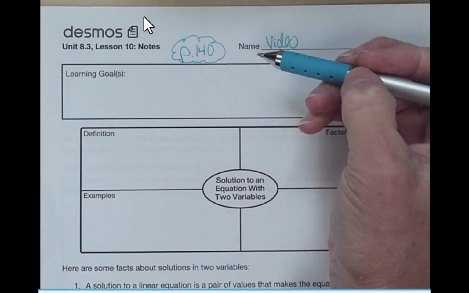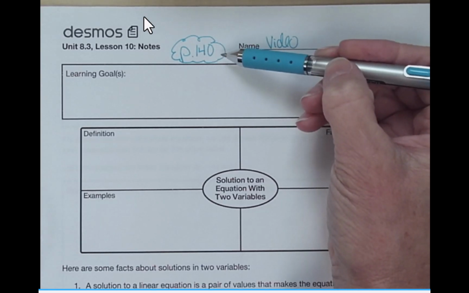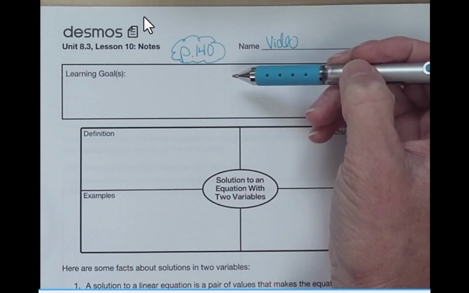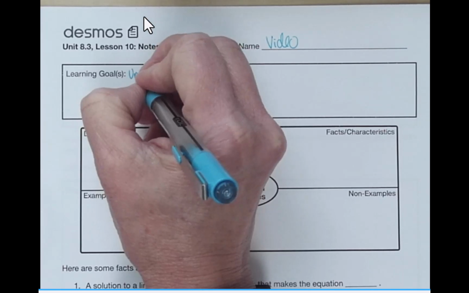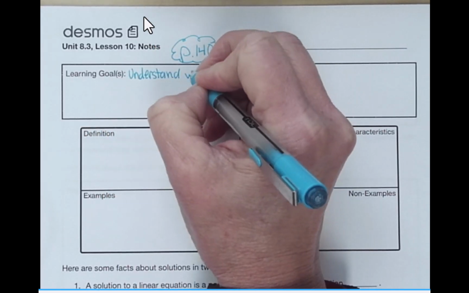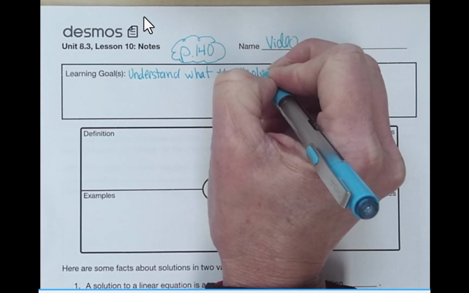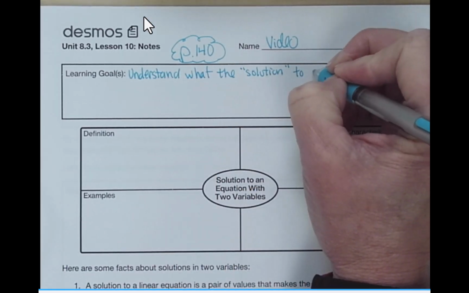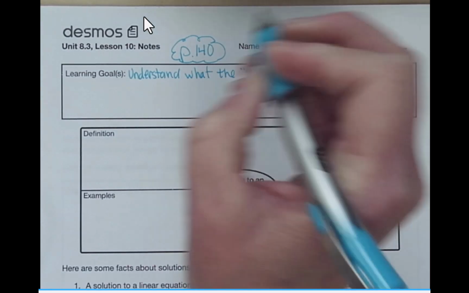So let's go ahead and get into these notes for Lesson 10. We're on page 140, and we really have two learning goals. The first is to understand what the solution to an equation with two variables is.